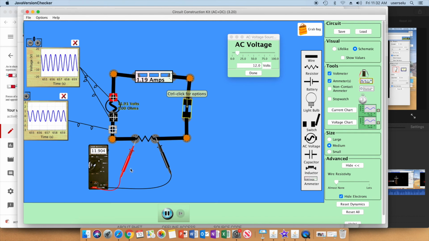Now notice though again, if I arbitrarily stop, I stopped at a 10.5 voltage reading, and V equals IR, so if I divide that by 10, I'd get a 1.05 amp reading. And now notice, if I come over to my chart, I look at my origin, my time 0 of the voltage curve, I'm right at 10.5 volts.